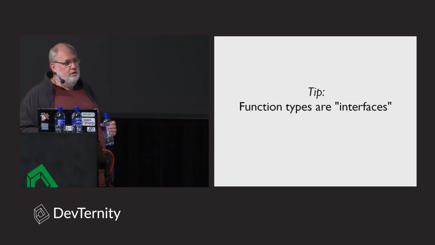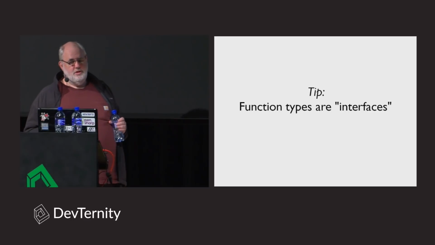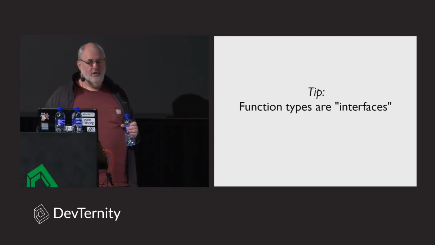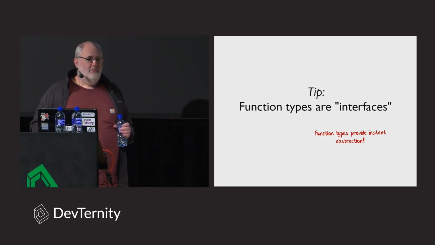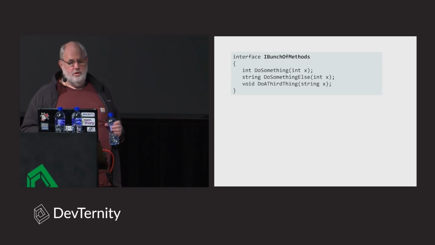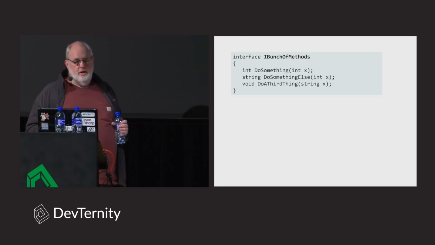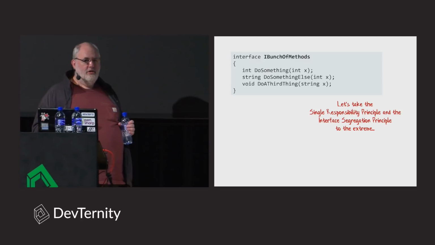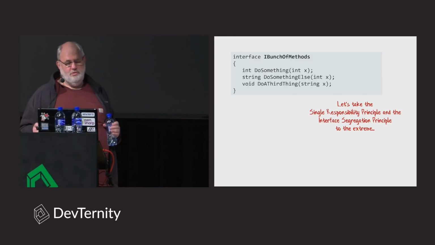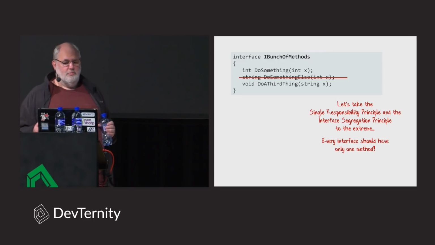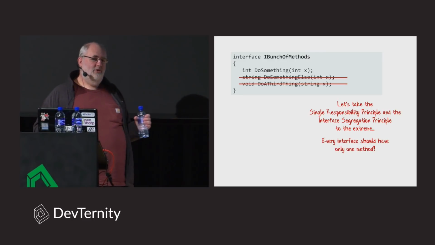Now, one cool thing about functions as parameters is they act as interfaces, okay? They can provide instant abstraction, and let me show you what I mean. Let's have an interface with a bunch of methods in it. And if you take the single responsibility principle to the extreme and the interface segregation principle to the extreme, you should just have one method in an interface, because that's the guarantee there's no collisions between them.